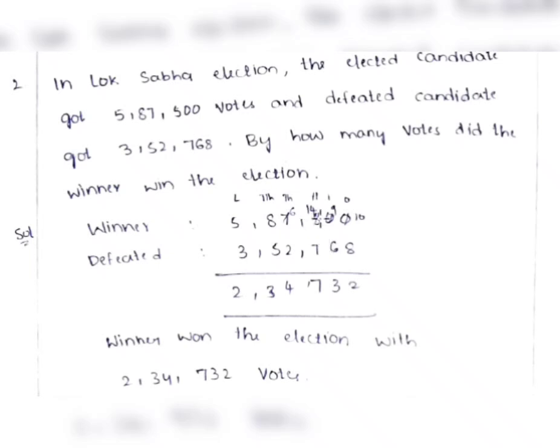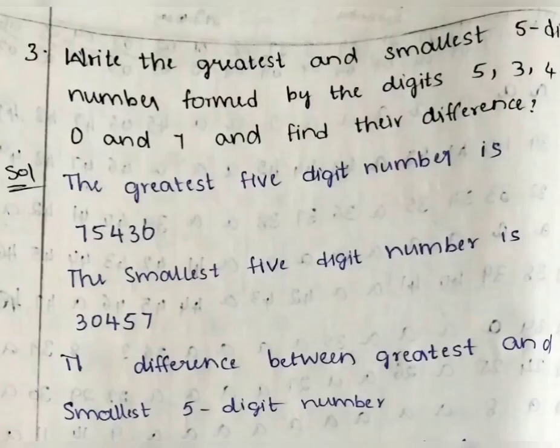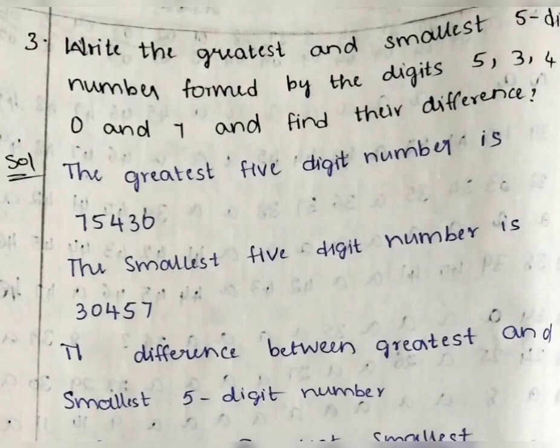We can't do 4 minus 7, right? That's why we have borrowed here, and this becomes 6. 6 minus 2 is 4, 8 minus 5 is 3, and 5 minus 3 is 2. This is the number. So you have to write clearly here that the winner won the election with 2,34,732 votes.